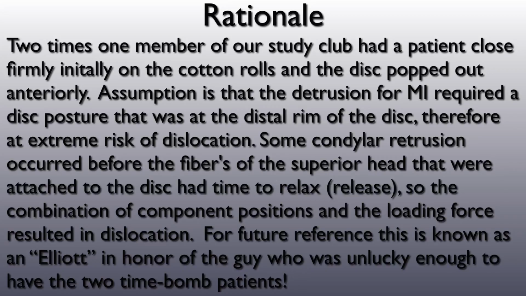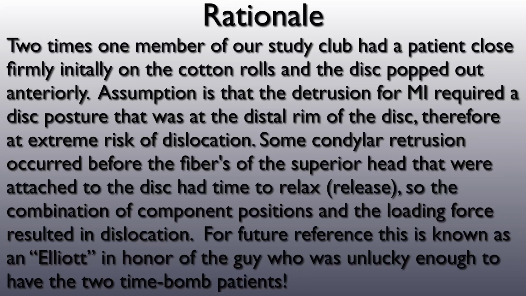Twice, one member of our study club had a patient close firmly initially on the cotton rolls, and the disc popped out anteriorly. Our assumption is that the detrusion for MI required a disc posture that was at the distal rim of the disc, therefore at extreme risk of dislocation.